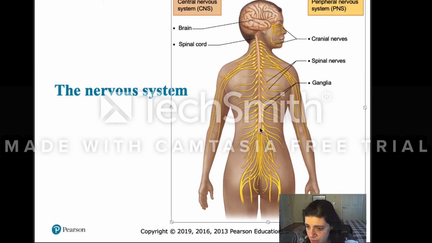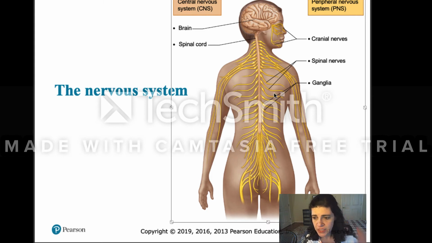Anything that is beige here, you see that I'm showing here, spinal cord and brain. This is all central nervous system. Whatever is in yellow here is peripheral nervous system. So the peripheral nervous system is composed of the cranial nerves and the spinal nerves. And spinal nerves have ganglia. And cranial nerves also have ganglia.